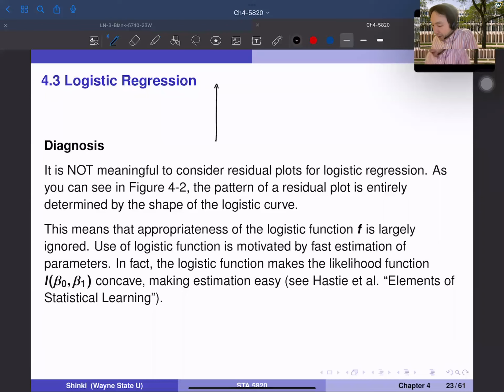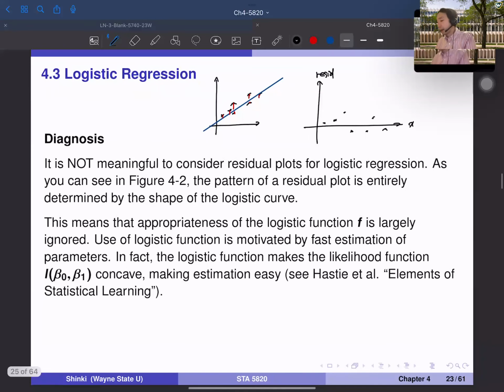So that we have observations and a fitted line, and we can observe residuals, and we can see the residual plots. So here is X, and here is residual, and maybe some positive, negative, negative, positive, negative, and we see whether this has a meaningful pattern or not.